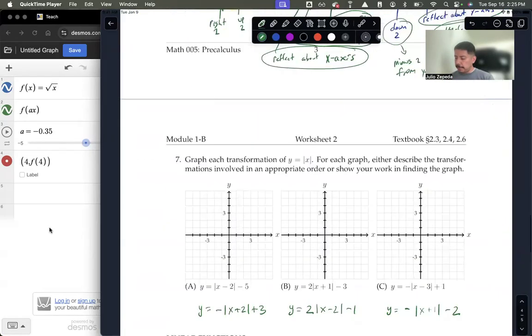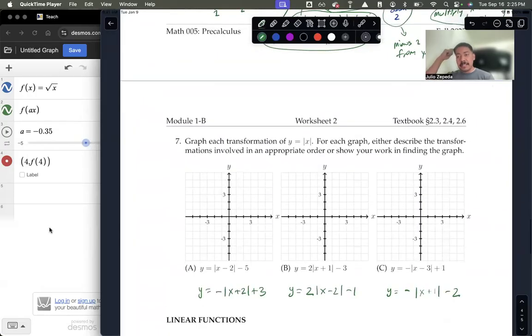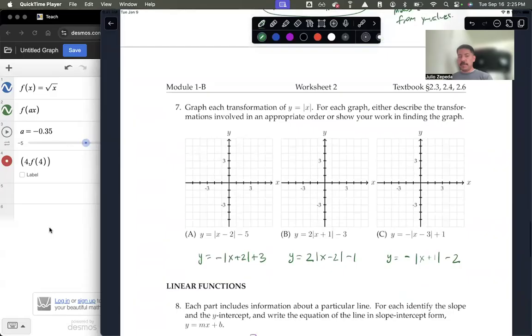All right, moving on. There's a lot to cover here, so we'll move on. This is going to be very similar, but in problem number 7, it says graph each transformation of y equals the absolute value of x. If you want to look at a lot of detail on that, you can see my other video.